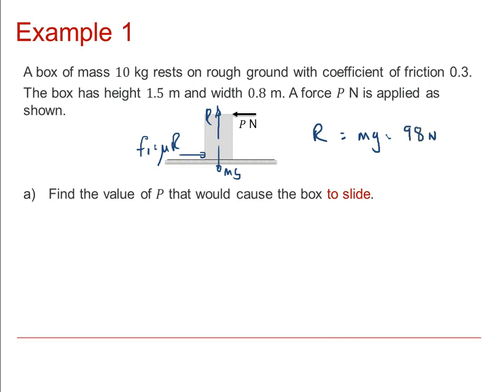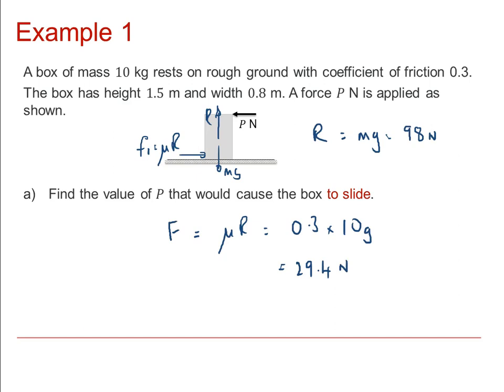So the normal reaction is 98, and therefore the maximum frictional force, if we have mu r, we're in limiting friction, and therefore we have that the value of F, the frictional force which is maximum, is equal to mu times r, and that's equal to 0.3 multiplied by 10g, which comes out to be 29.4 newtons.